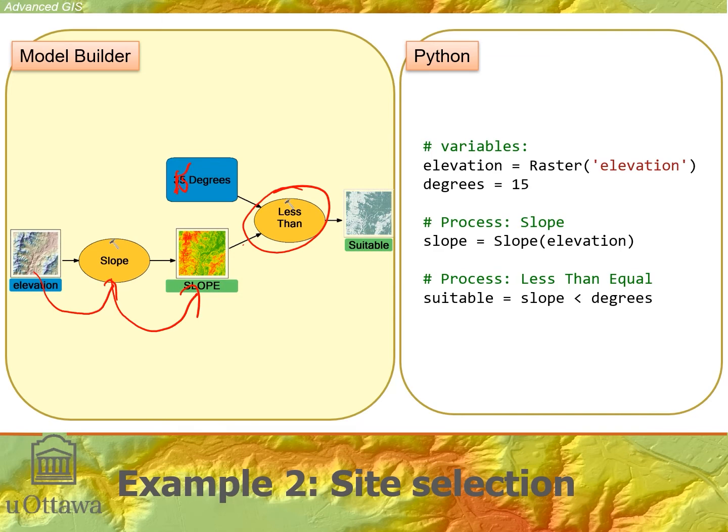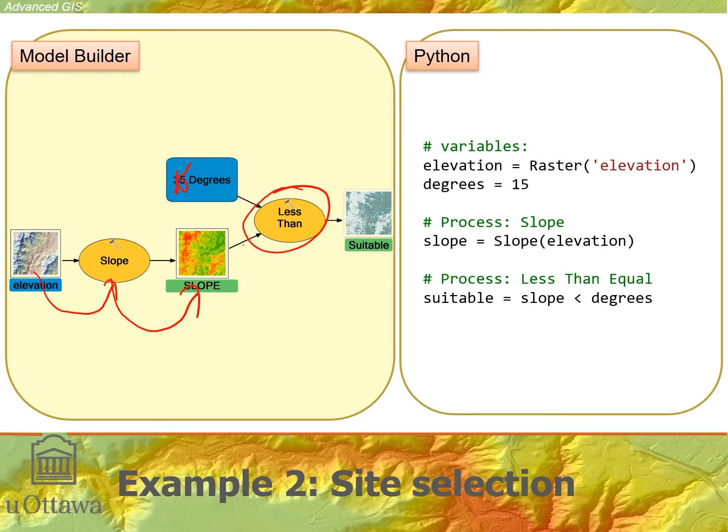So a Less Than function from the Spatial Analyst math tools, logical functions, and we say slope less than 15 degrees, and wherever a cell is less than 15, the output will be 1. If it's greater than or equal to 15, the output will be 0. So 1 indicates that the statement is true, that a cell is less than 15 degrees. 0 means that it's the opposite. A cell was not 15 degrees or less.